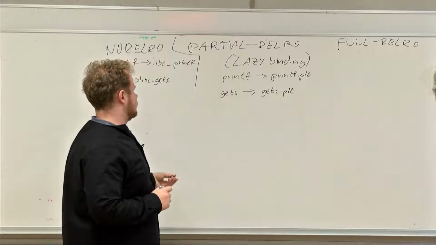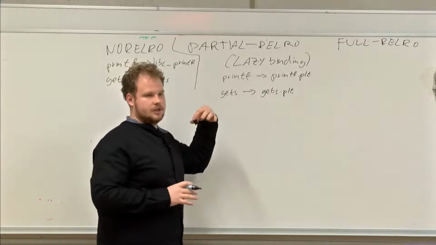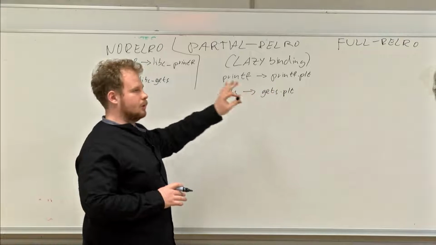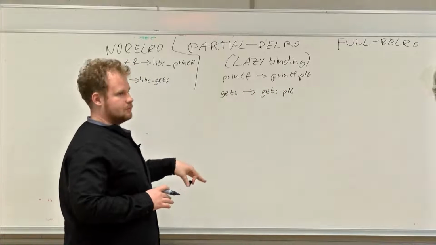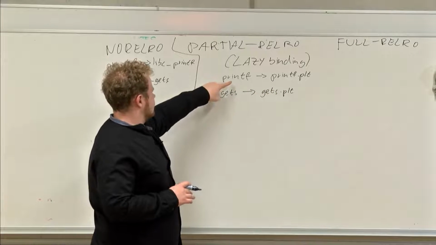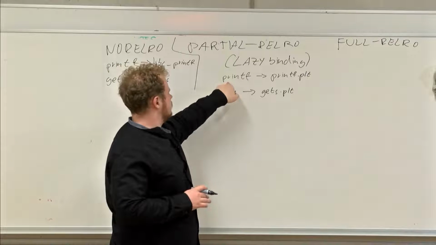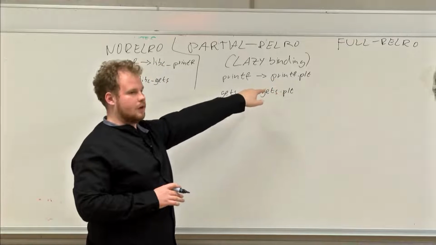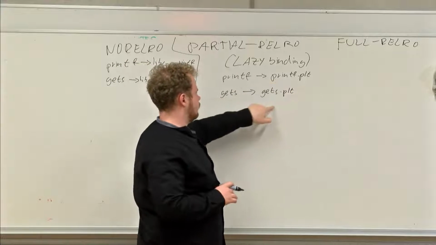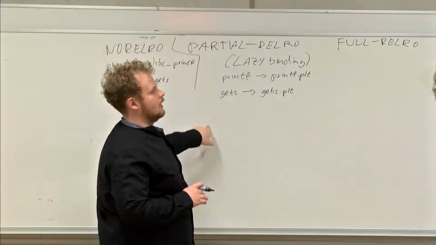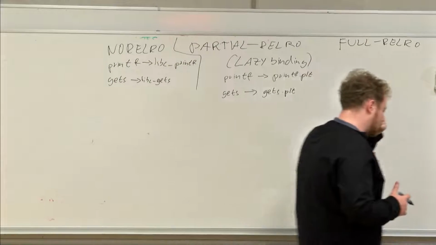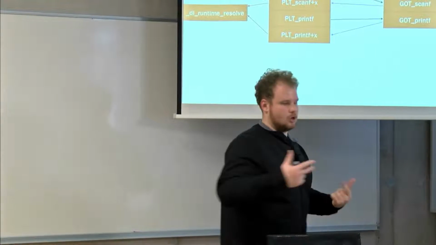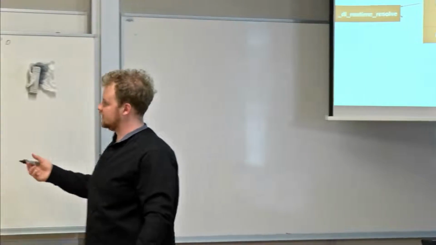The procedure linkage table is there to help resolve these addresses. Let's say that printf is being called at the beginning of the program. The first time it's called, the program will look inside the global offset table. It will find that the address is not yet resolved, and so it will jump right back to the procedure linkage table, and the procedure linkage table will jump to a function called dl resolve that will resolve the address and then place it here.